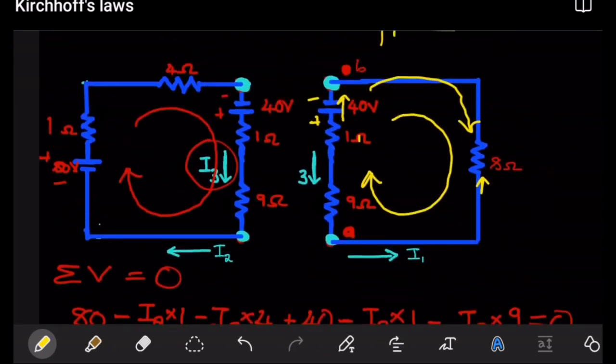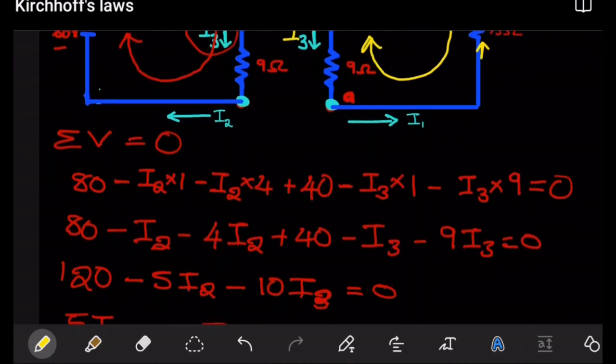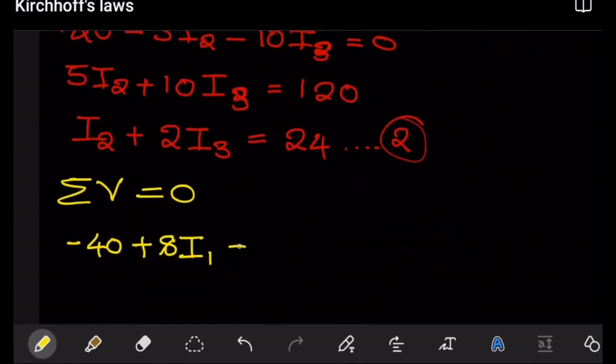Next up, from that resistor, we find the 9 ohm resistor. Again, here the current passing through this 9 ohm resistor is I3, and our loop is in the opposite direction to that I3. So we're going to have this again as positive.